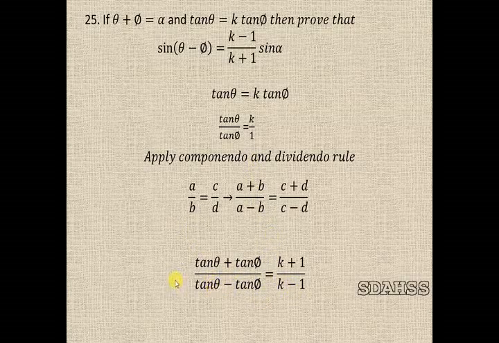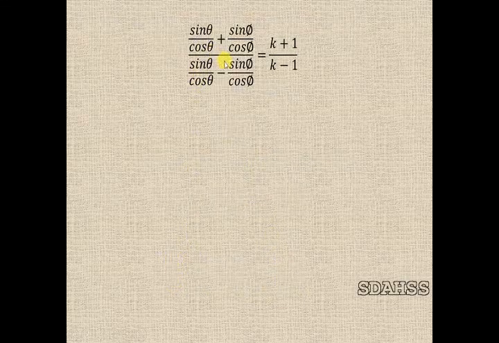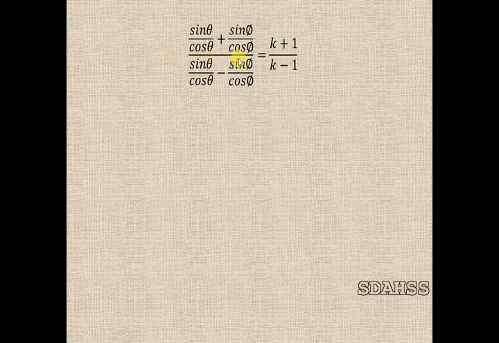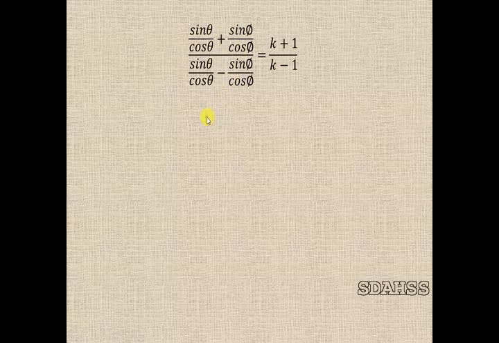Tan theta we can write as sin theta by cos theta, and similarly tan phi we can write as sin phi by cos phi, divided by sin theta by cos theta minus sin phi by cos phi, is equal to k plus 1 divided by k minus 1. Take down the LCM. The LCM is cos theta cos phi.